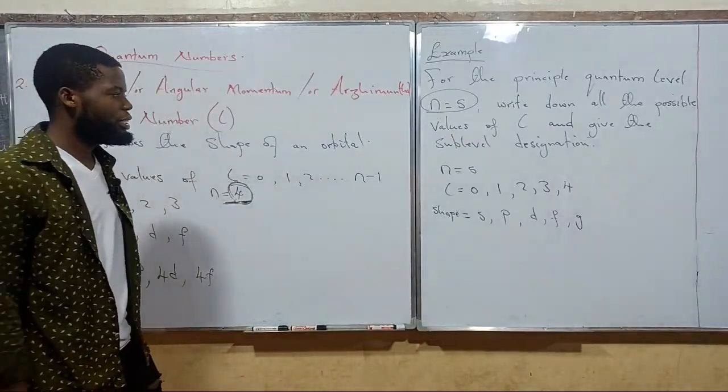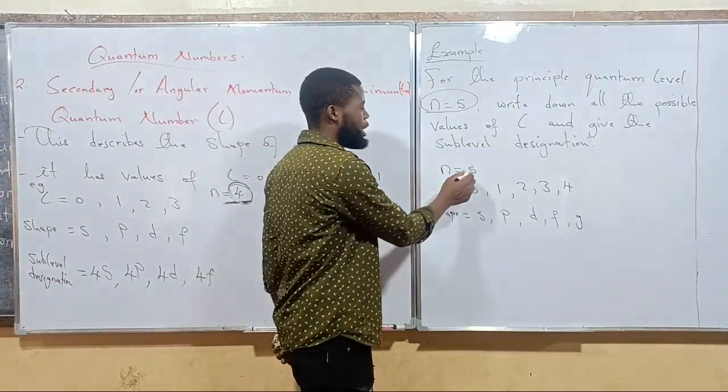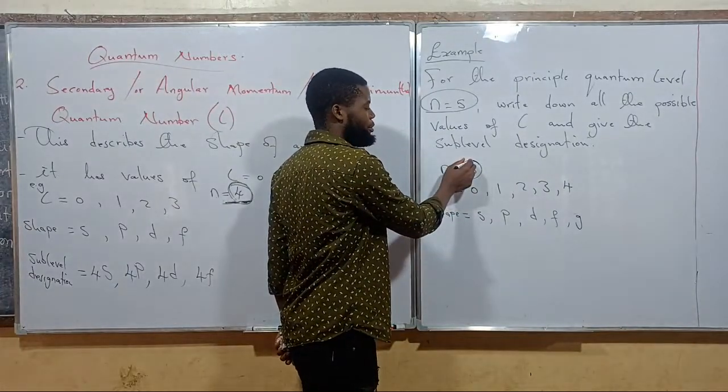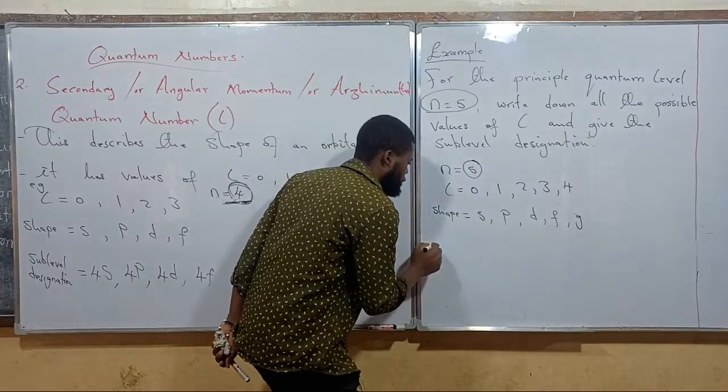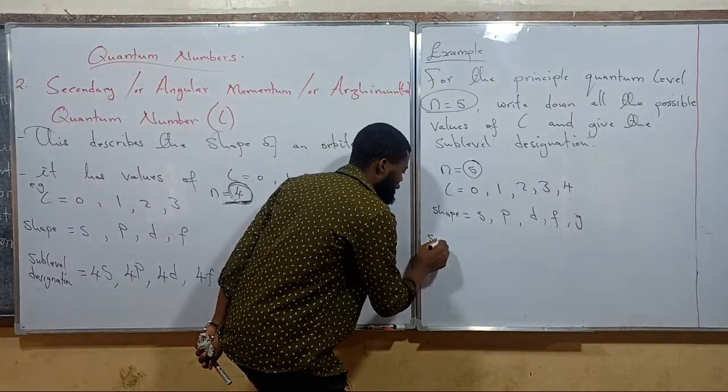Therefore, for the sub-level designation, you just combine the principal quantum number and the designated shape.